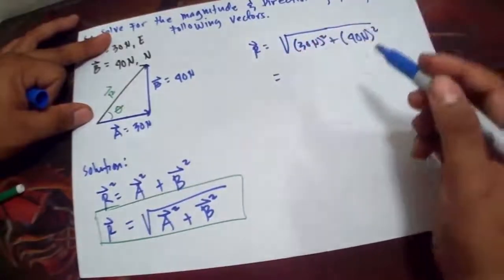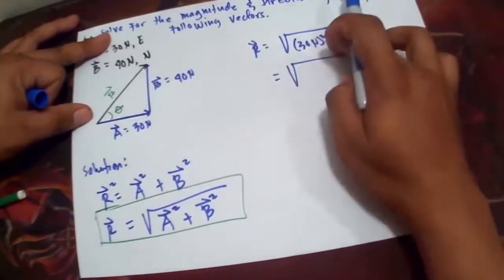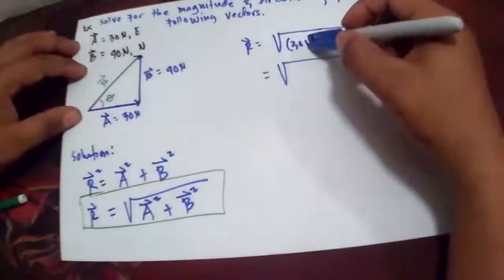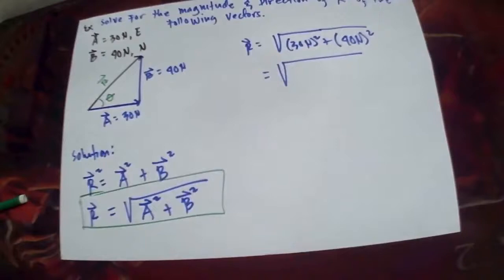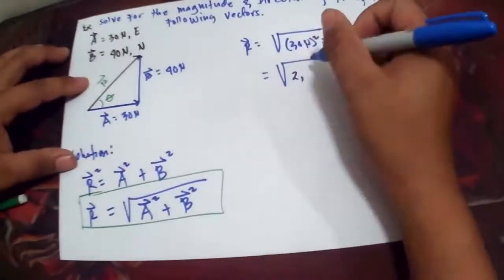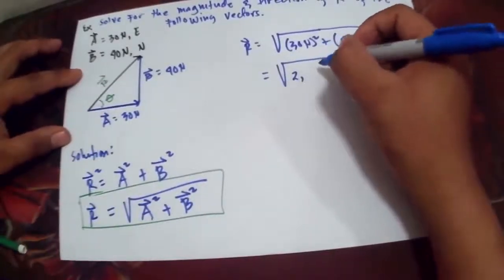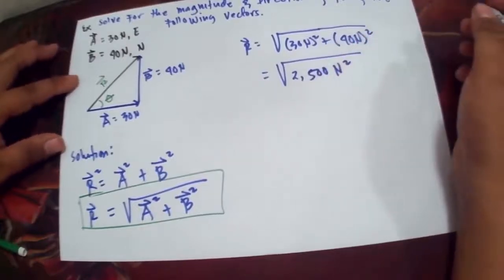This is equals to square root of 30 times 30 plus 40 times 40, 30 squared plus 40 squared, that will give you 2,500 newtons square.